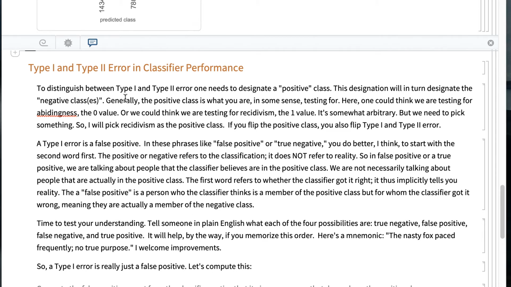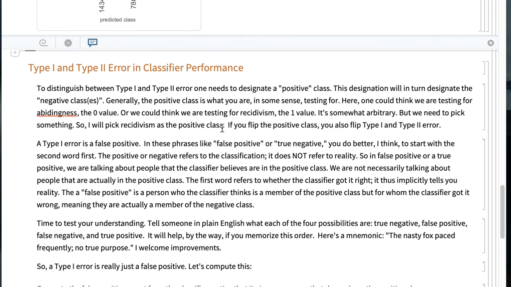We could test for either abidingness, the 0 value, or recidivism, the 1 value. Which one you pick as positive is somewhat arbitrary, but we've got to pick something, so I'm going to pick recidivism as the positive class. If you flip the positive class, then you flip type 1 and type 2 error.